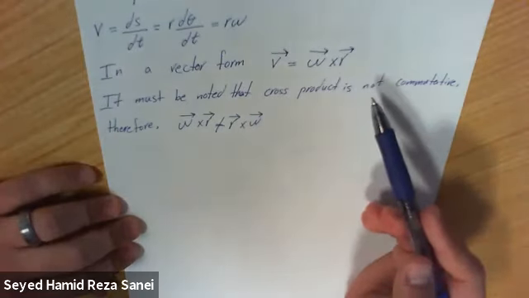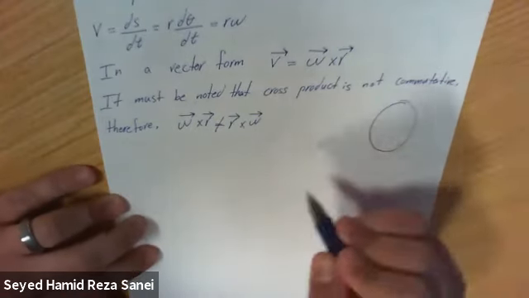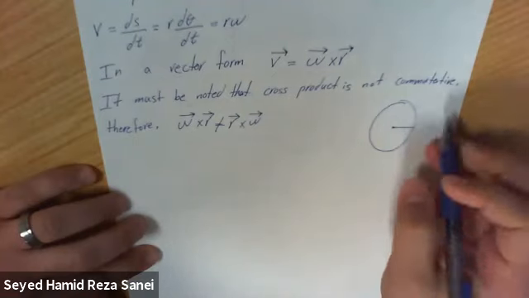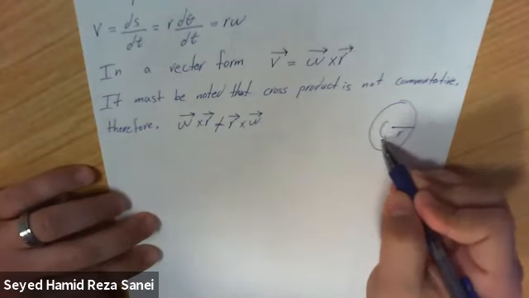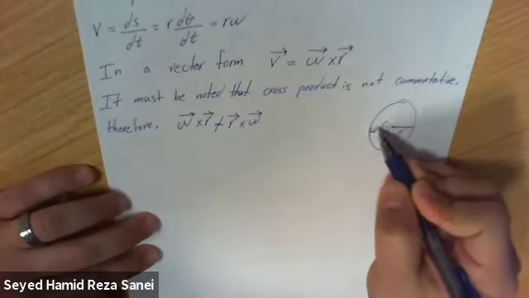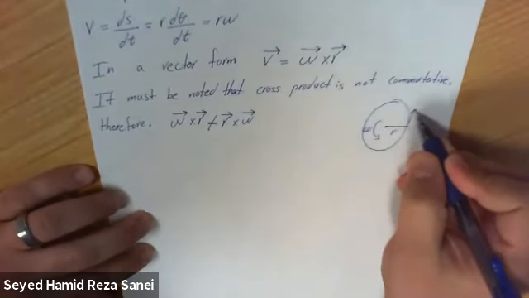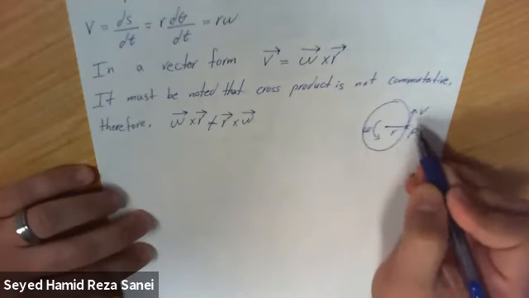So if I draw our disk again, if this is r, and let's say this is rotating with an angular velocity of omega, then the velocity at this point, let's call it p, would be v.